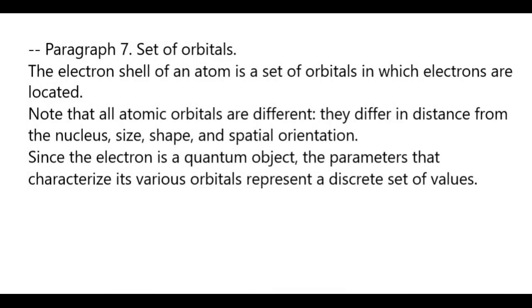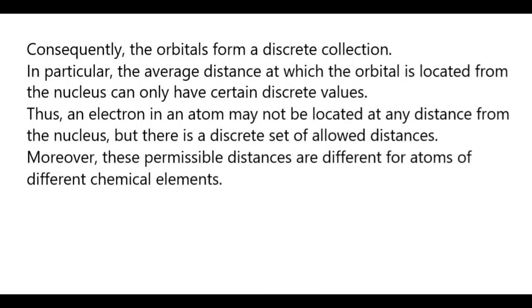Paragraph 7. Set of orbitals. The electron shell of an atom is a set of orbitals in which electrons are located. Note that all atomic orbitals are different. They differ in distance from the nucleus, size, shape, and spatial orientation. Since the electron is a quantum object, the parameters that characterize its various orbitals represent a discrete set of values. Consequently, the orbitals form a discrete collection.